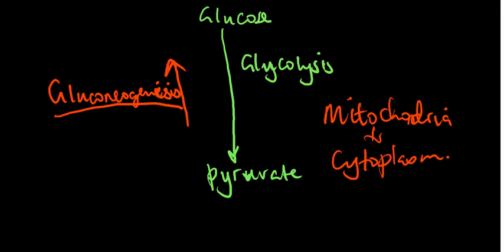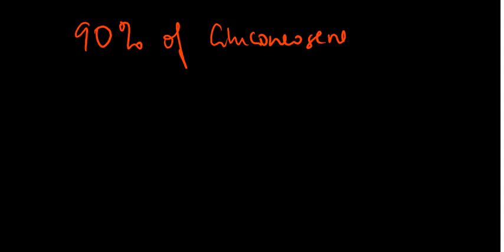So during an overnight fast, there are things that you're going to notice. During an overnight fast, approximately 90% of gluconeogenesis occurs in the liver.